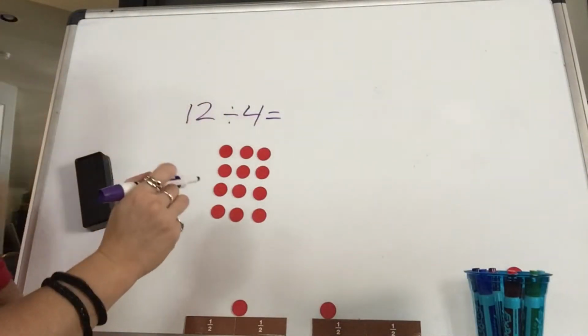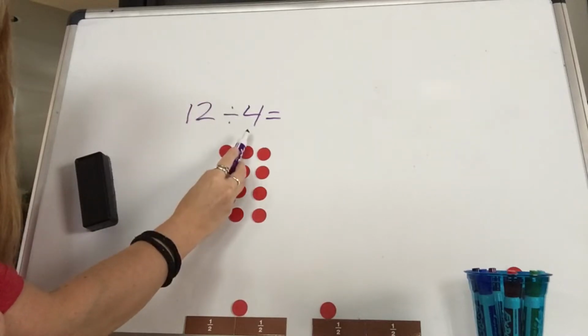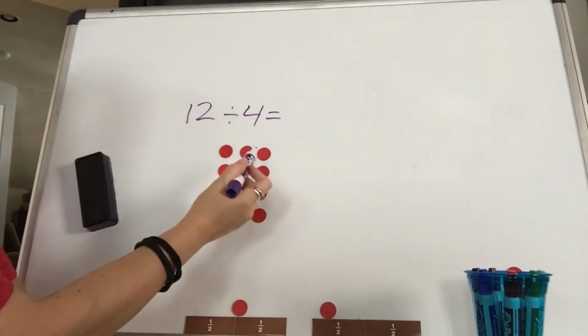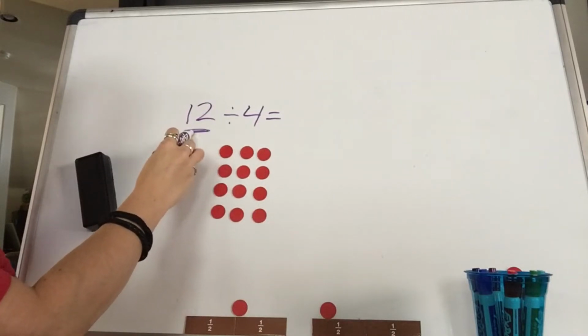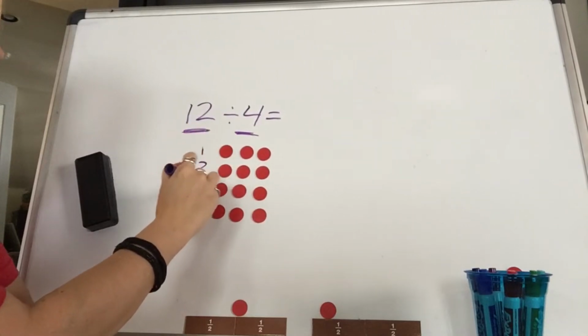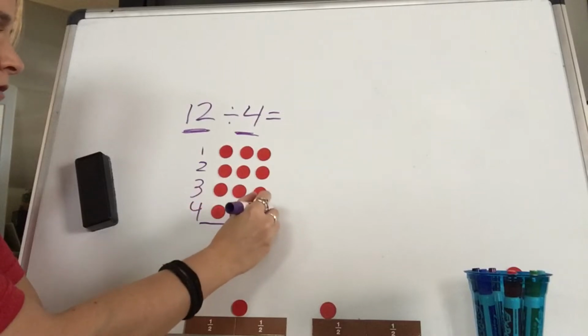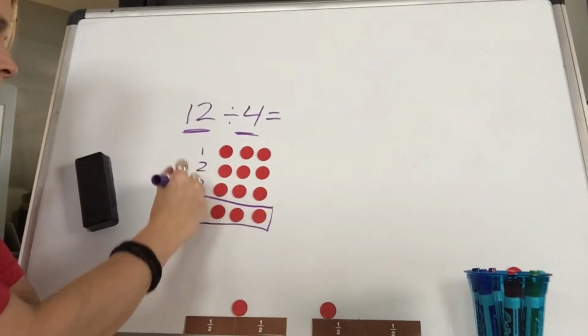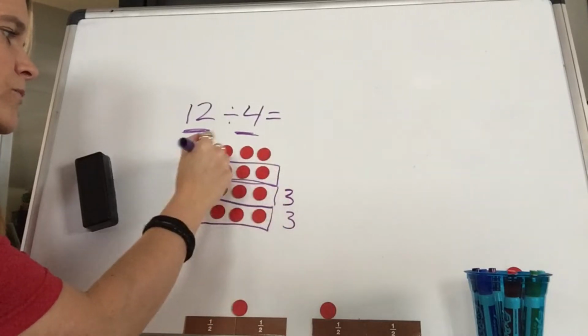So up until now, we have been doing equations like 12 divided by 4 equals what? Well, we've been able to figure out that if I needed to divide my total number of 12 into 4 groups, 1, 2, 3, 4 groups, that each of those groups would have 3, right?